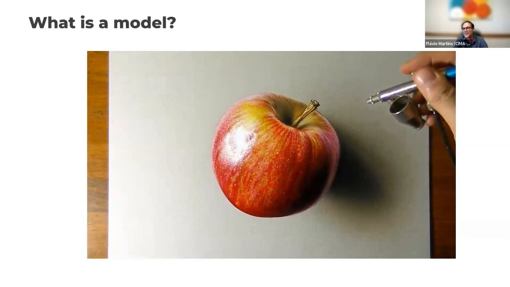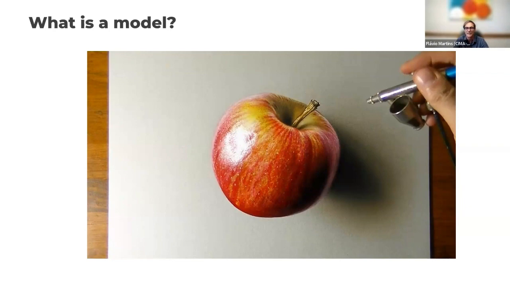Those of you that answered an apple, you are wrong. It's not an apple. An apple is what you have in your home and that you manage to eat. That is the real apple. These are representations of apples. So basically they are models of apples. They share some of the properties of the real apple, but they don't share all the properties of the apple. For example, none of these have seeds.